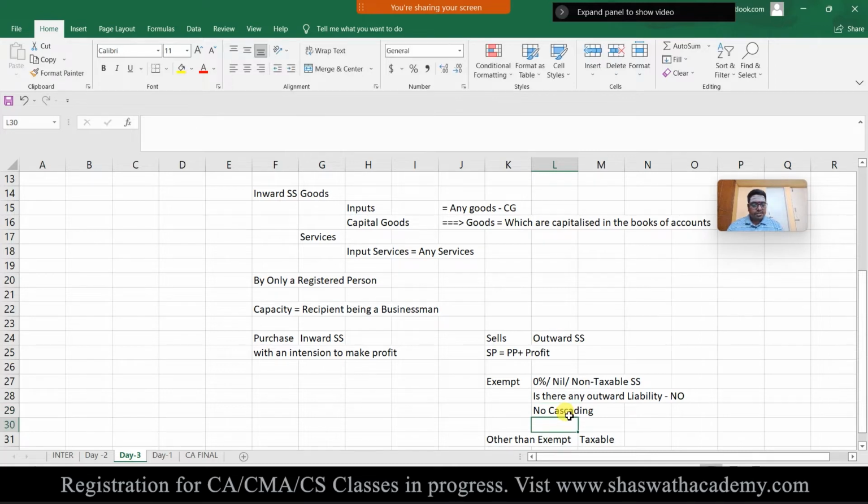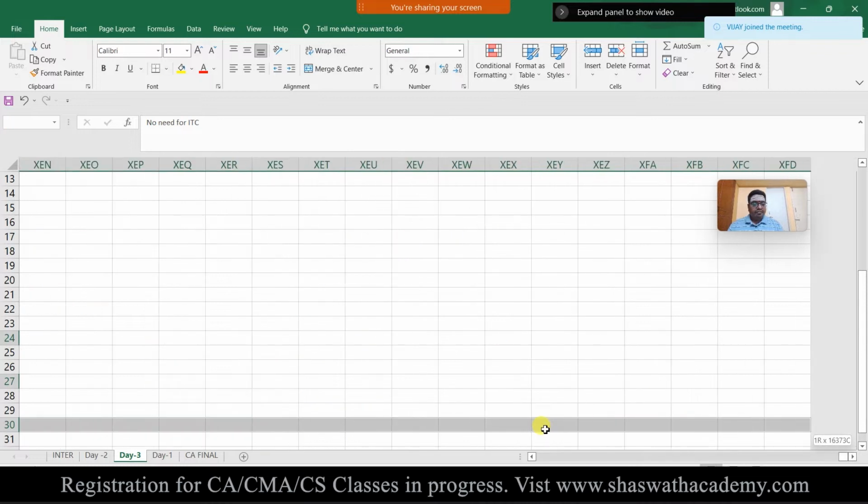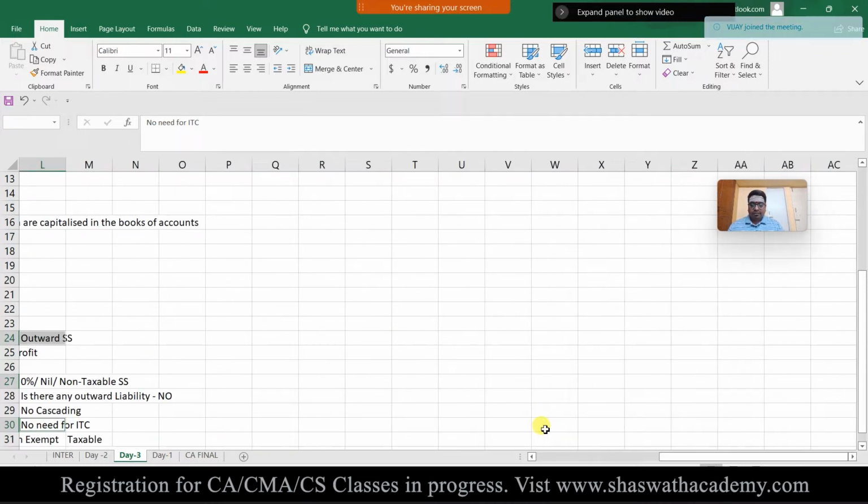My dear brothers and sisters, when there is no cascading, please appreciate there is no need for ITC. Meaning thereby, sir, if any outward supply results in exempt supply, then there is no ITC eligibility. No need for ITC to be given over here, and for this particular person, ITC will not be given.